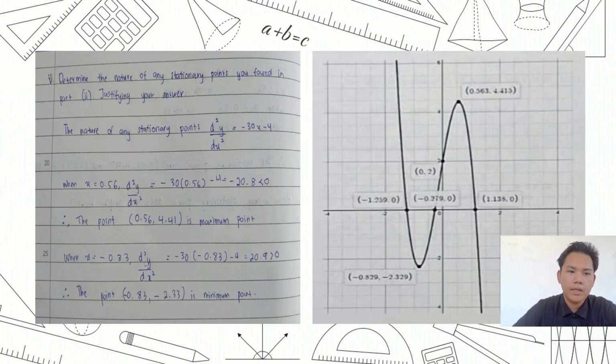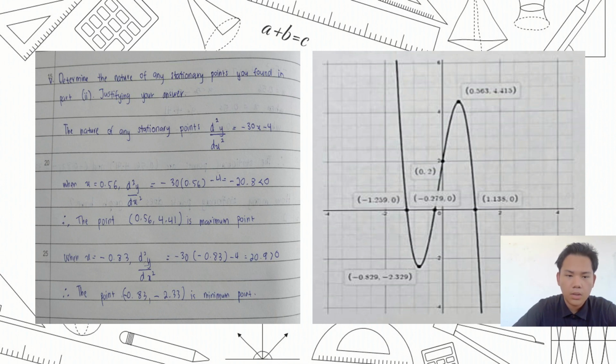For question D5, determine the nature of any stationary points you found in part 2. Justify your answer. The nature of stationary points: d squared y over dx squared equals negative 30x minus 4.